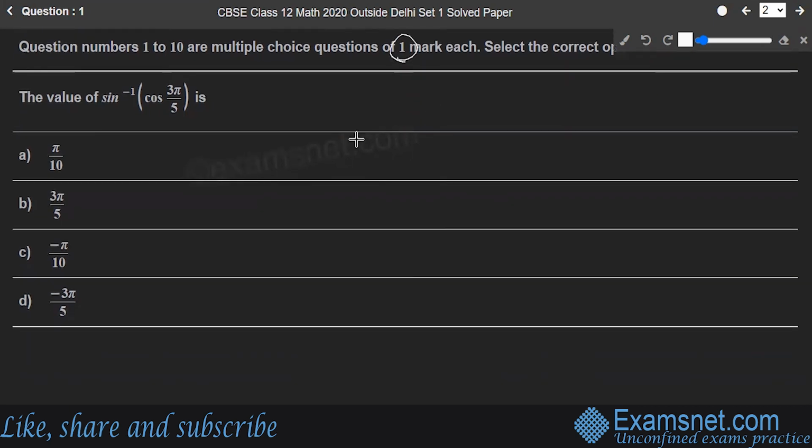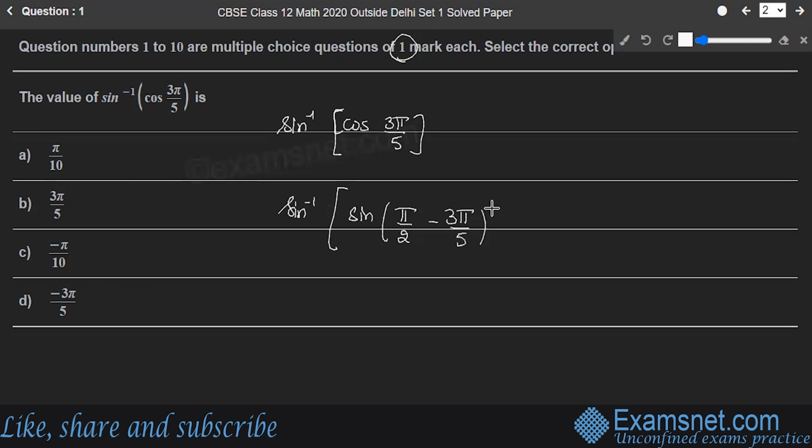The first question is the value of sine inverse cos 3 pi by 5 is equal to what? The options are given to you. Now this can be written as sine inverse cos. If I want to change it into sine, it will be sine of pi by 2 minus 3 pi by 5. I'm using the trigonometric ratio of complementary angles over here. So this will be equal to sine inverse of sine of something.